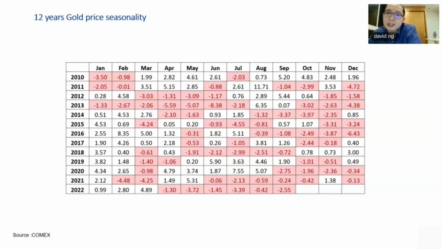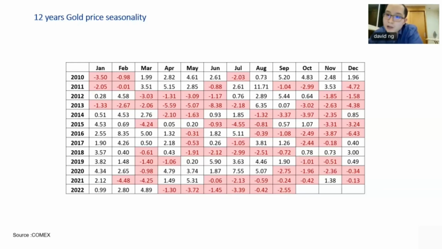This is usually in line with the festivities. Chinese Lunar New Year usually happens at the beginning of the year, and like I mentioned earlier, China is a very big player in gold jewelry demand. So normally at the beginning of the year, with the Lunar New Year, their demand will increase. That explains why at the beginning of the year, you normally see gold prices tend to be a bit more positive. So that's how we look at seasonality.